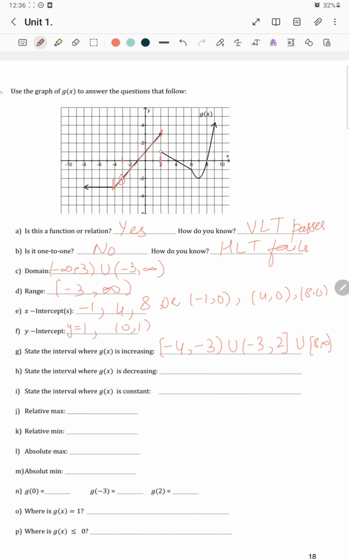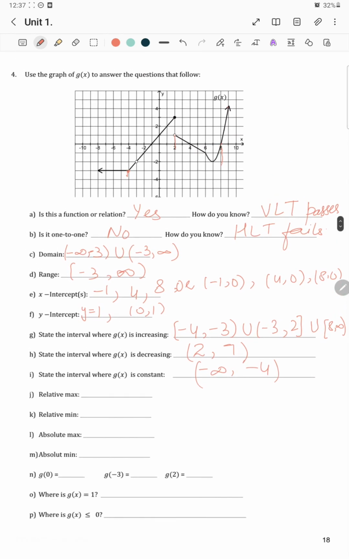State the interval where g of x is decreasing, meaning coming downwards: 2 to 7. State the interval where g of x is constant: from -4 to -infinity.